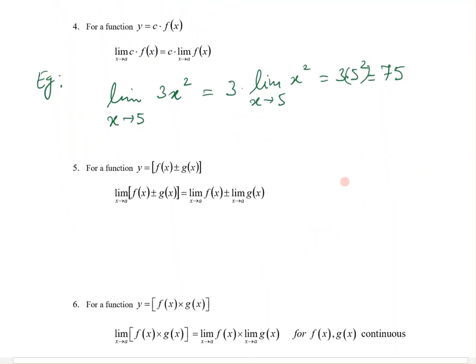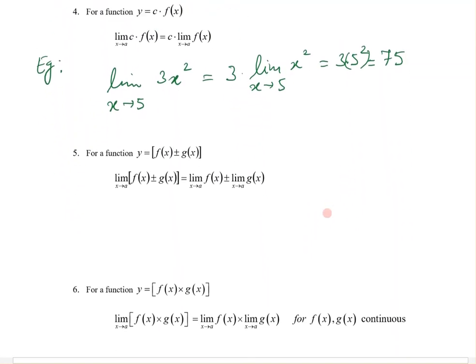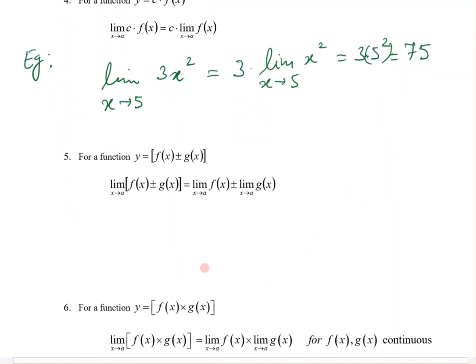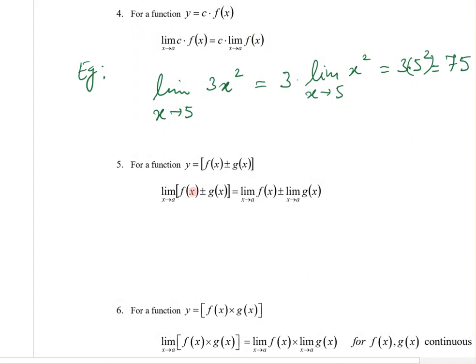Next, we have the addition and subtraction rule, which states that if you take the limit of the addition of two functions, that is equal to the sum of the individual limits. Similarly, if you have the limit of the subtraction of two functions, that would be equal to the subtraction of the individual limits of the functions.